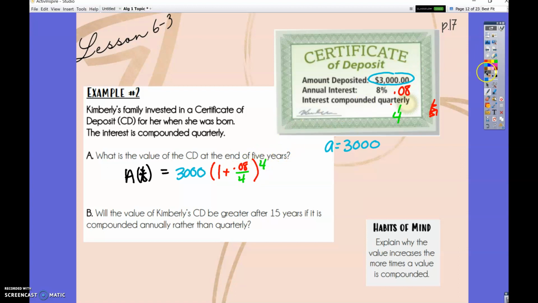In this case, they want to know how much is in there after 5 years, so we'd multiply by 5. To get our answer, we will just use our calculator, plug in the numbers, and see what we get.